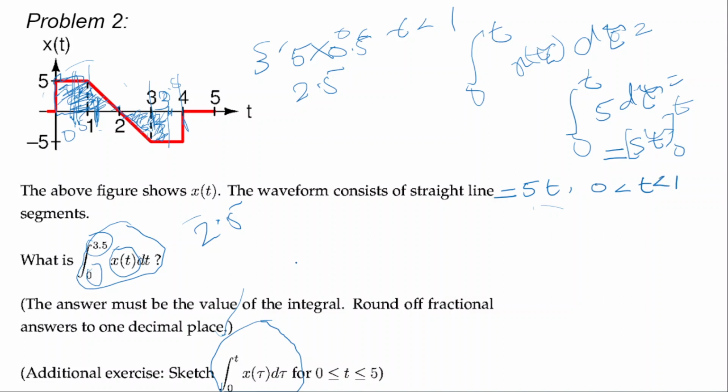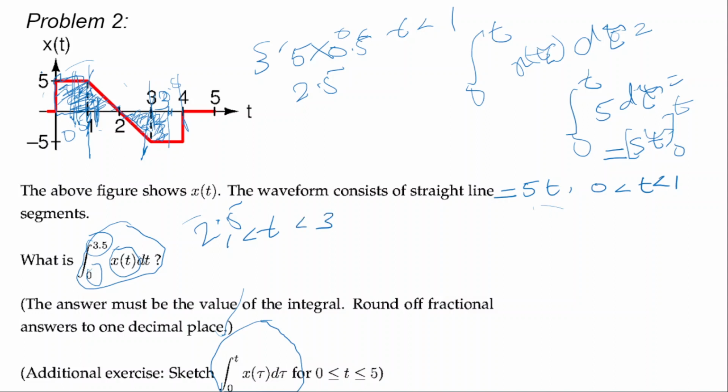Okay, so let's plot this for t from 0 to 1. This will be our area. Okay, so now let's see when t is greater than 1 and t is less than 3.